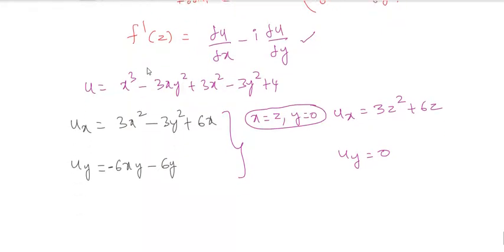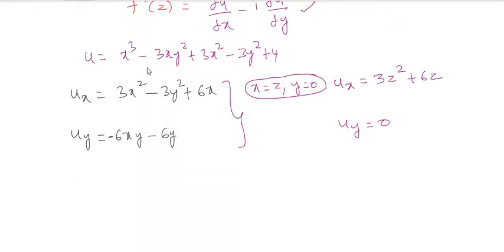So now f dash z will be ux minus i uy, so directly I can replace it as 3z square plus 6z plus i into 0. Am I correct or not? Sorry, here you will have minus, no? Yes, that minus will be there.